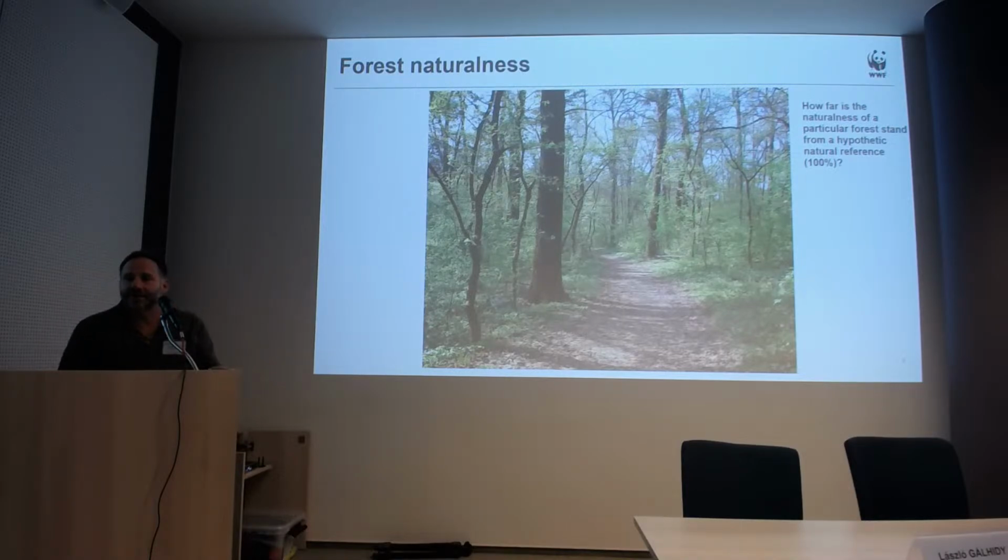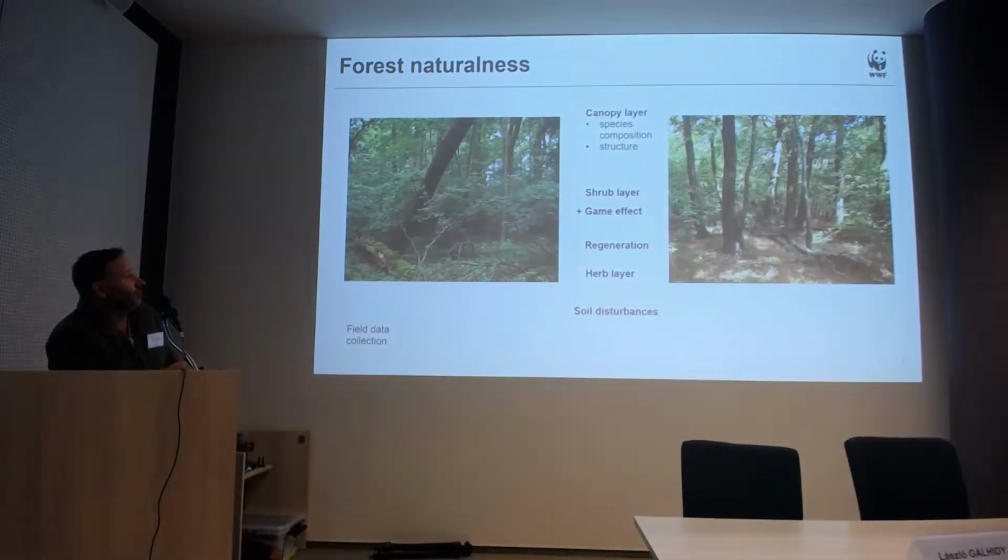So in this case, in Hungary, we have to somehow imagine what is the natural state, and of course some scientists created some model on it, and that would be the natural reference.